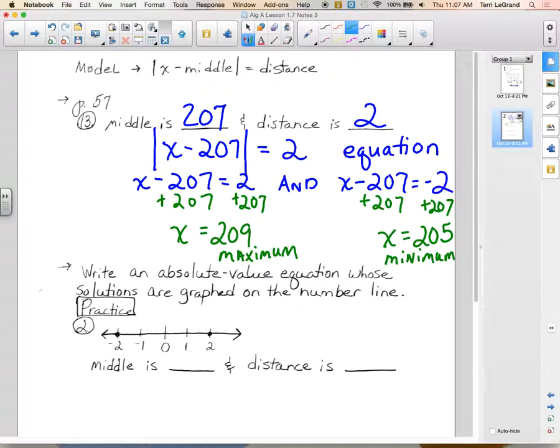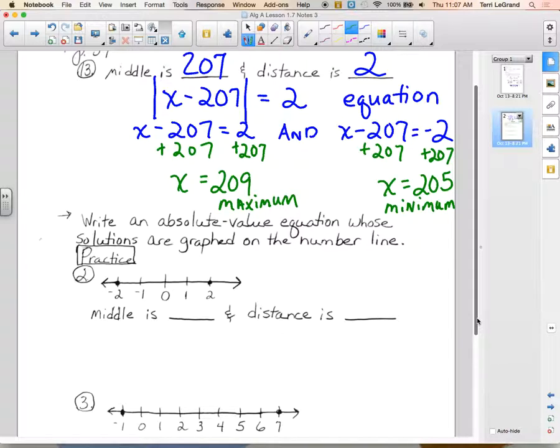And what's right in the middle between those two? 207, where Barry's at, right? Even though we can get the answer very simply without an absolute value equation, we need to know how to set them up and see how they can help us, especially when it isn't as simple as that. Any questions about it before we try it?